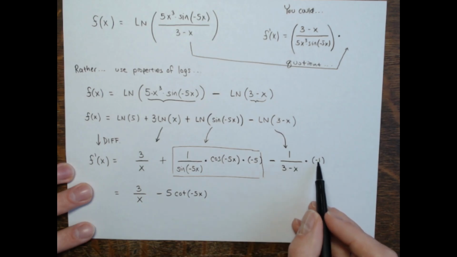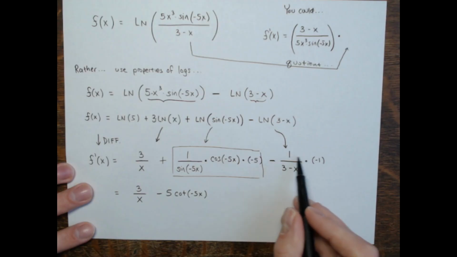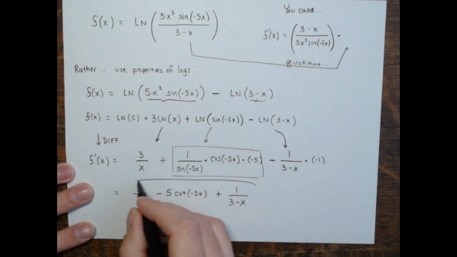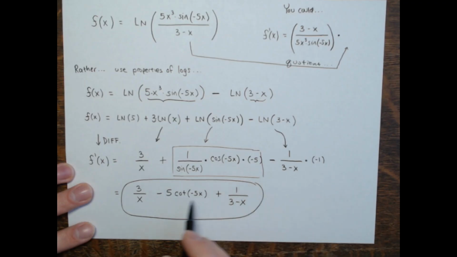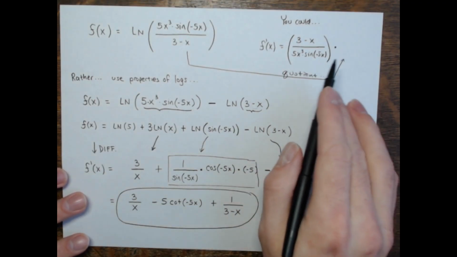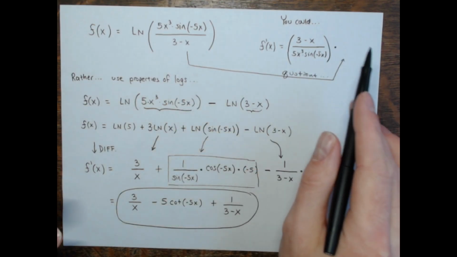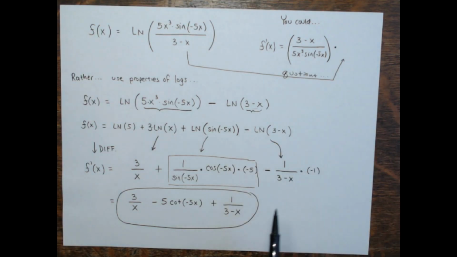And then this last term, again, I got a negative 1 times a minus out here, so the numerator is positive 1, so I'd have plus 1 over 3 minus x. And this is a much more clean version of what would happen up here, if I did, again, the reciprocal of the thing inside, then times the derivative of the thing inside with the quotient rule and all that. I think this is a lot cleaner, a lot less typing to do.